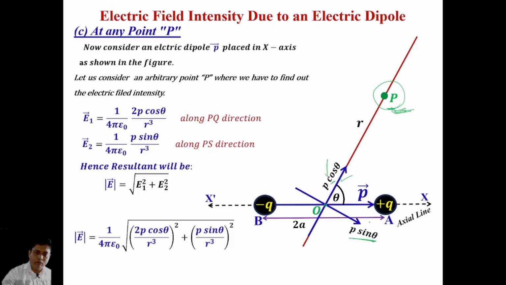Now, what will be the electric field intensity at point P due to P cos theta and P sin theta?